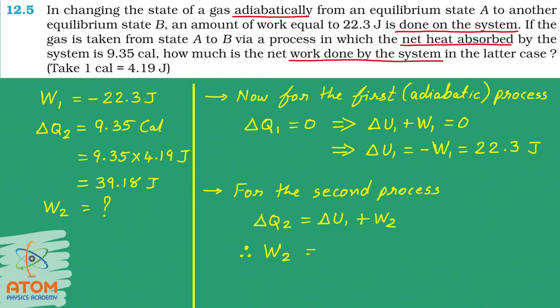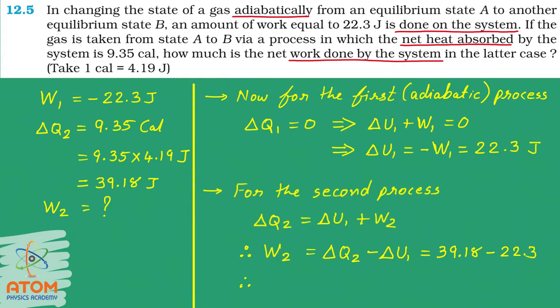So W2 will be equal to delta Q2 minus delta U1. Now here delta Q2 is 39.18 joule minus delta U1 which is 22.3 joule.